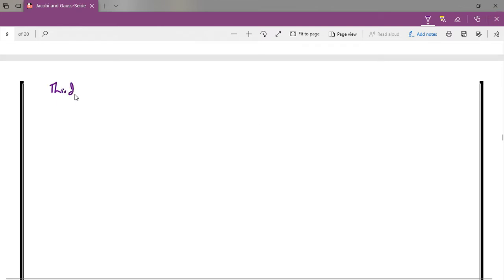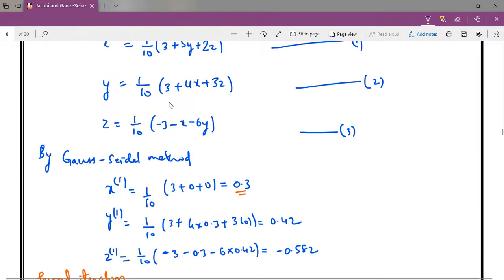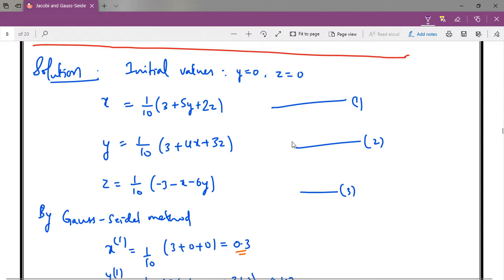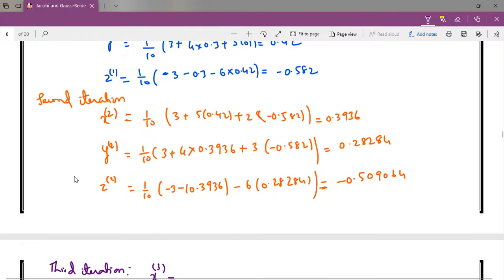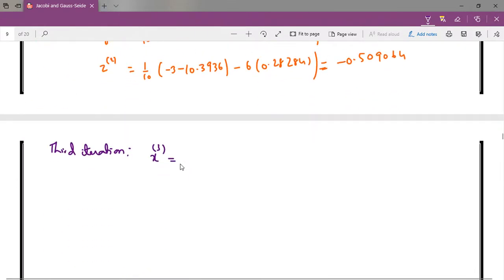So in the third iteration, again we are going to calculate x3. x3 is the same thing. So in equation 1, put the values of y2 and z2, you get x3.